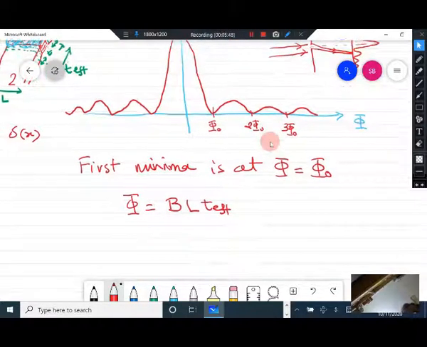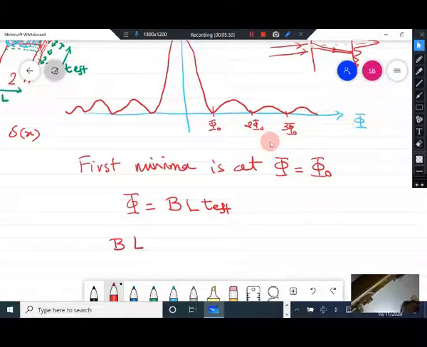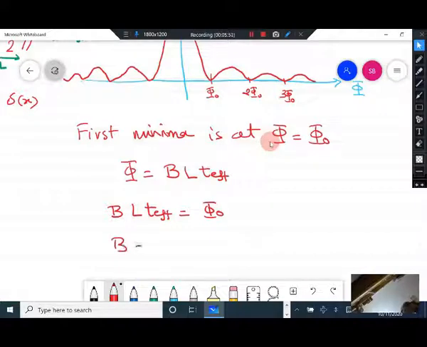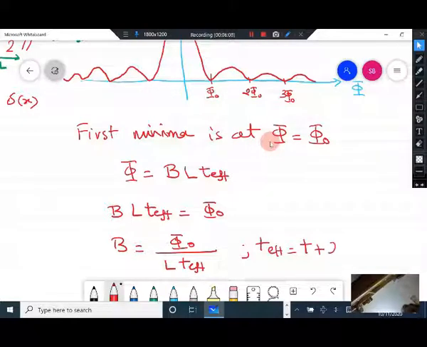So basically B into L into T effective is equal to phi naught, which is the first minima. And so the magnetic field at which you will get the first minima is phi naught by L by T effective, where T effective is nothing else but the thickness of the junction plus twice lambda.